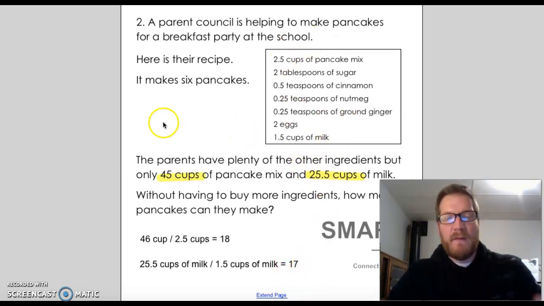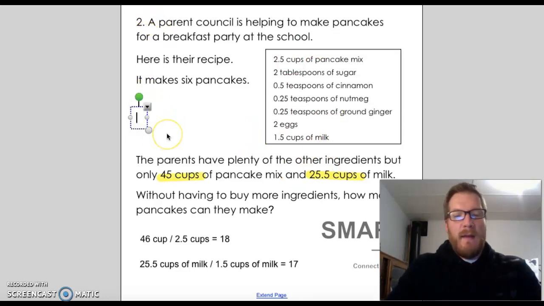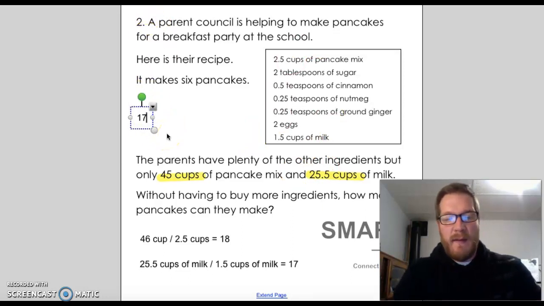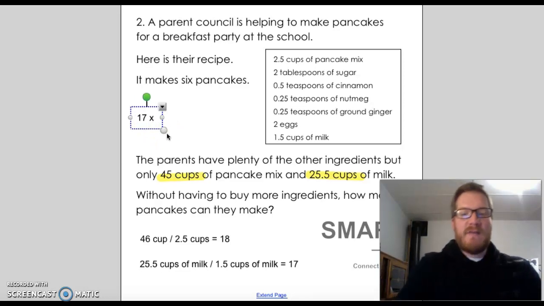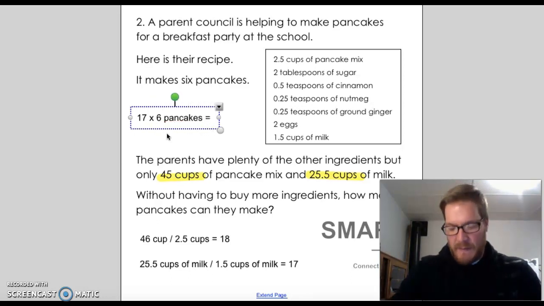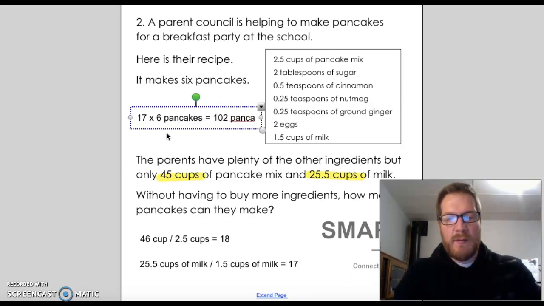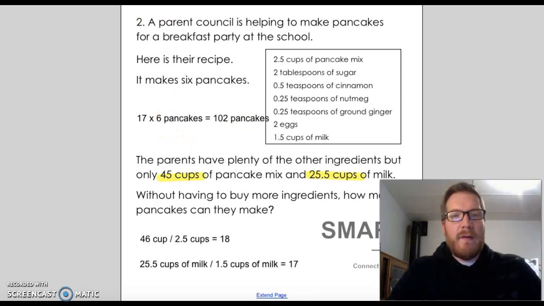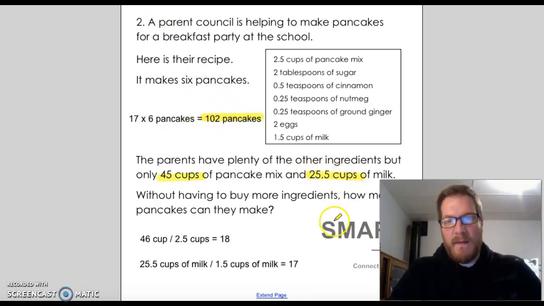I know each recipe makes 6 pancakes. And when I do that multiplication, I get 102 pancakes. So without having to go buy more stuff, the parents can make a total of 102 pancakes because of the amount of milk that they have.